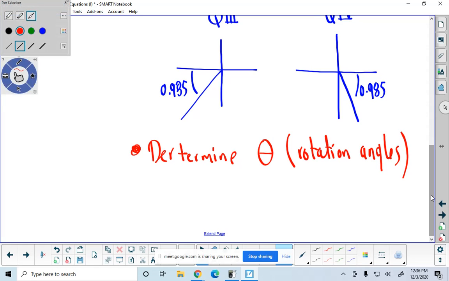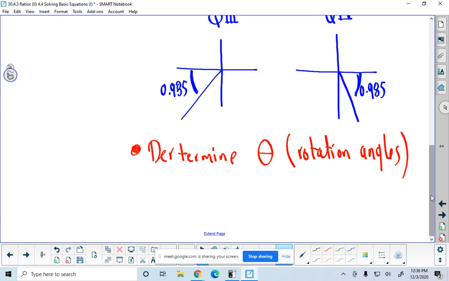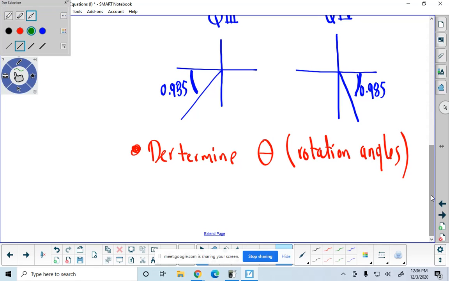And I'm just going to highlight them in a different color on my diagram. Before I do, again, I want to impress on you the fact that this arc that I drew and this arc that I drew is non-directional. There's no direction associated with it. It's just an angle. However, when I draw the rotation angle, I need to say that the rotation angle is this, that's theta, that's one of them, and this.